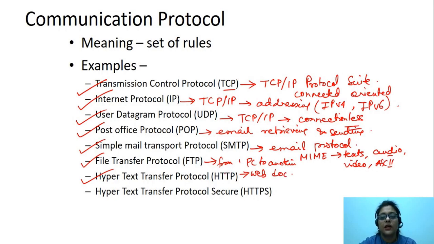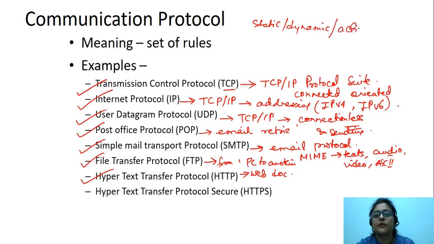Now, there are various types of web documents. We can have static web document. We can have dynamic web document or active web document. Last but not the least is the Hypertext Transfer Protocol Secure or HTTPS. It is the secure version of the HTTP protocol.